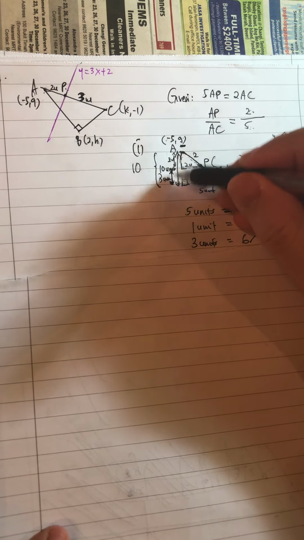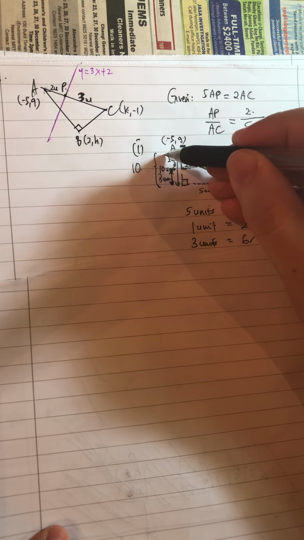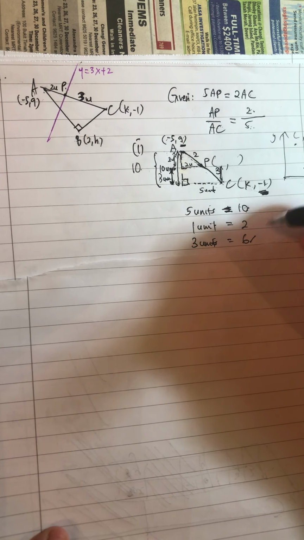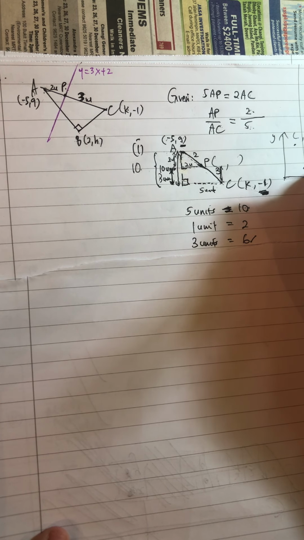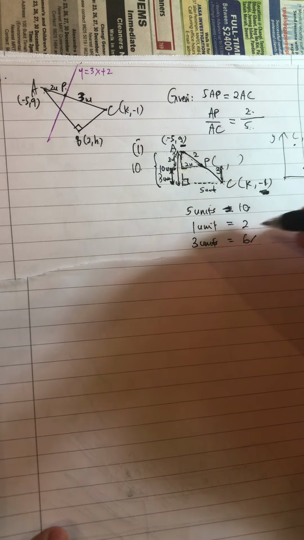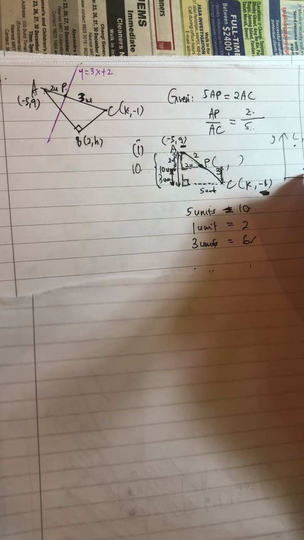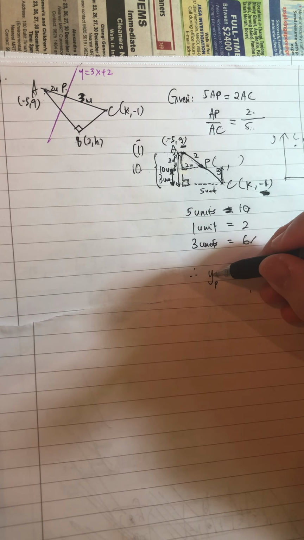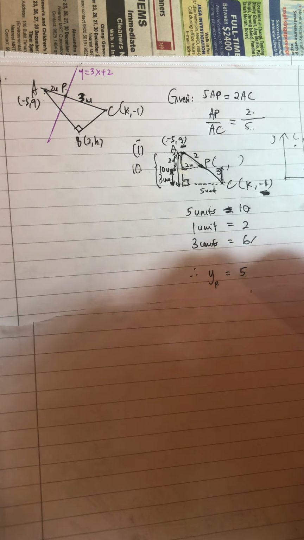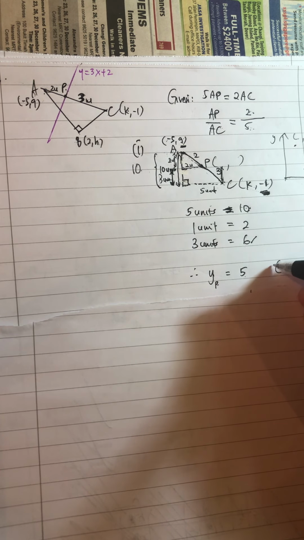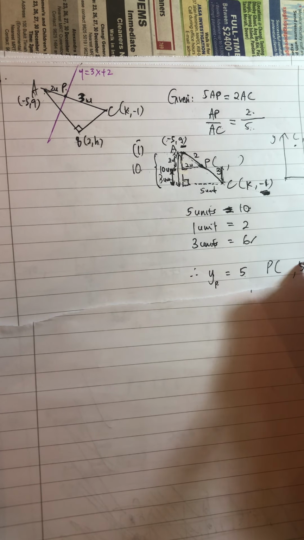This is the lowest terms, the simplest form. The 10 here is the actual length. So from minus 1, I move up 6 units. Minus 1 plus 6 units will give me 5. That's why the y coordinate of P is 5. Meaning P is the x value, and then 5.